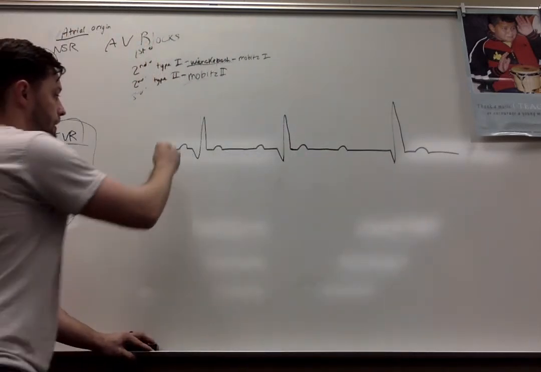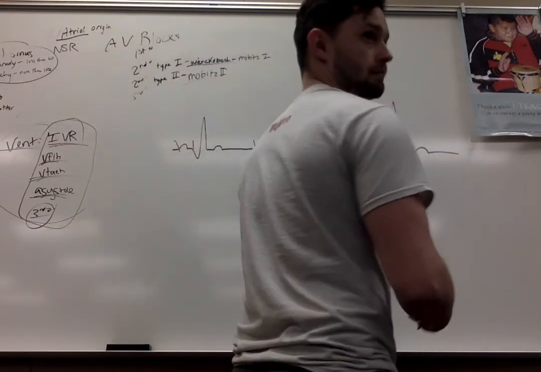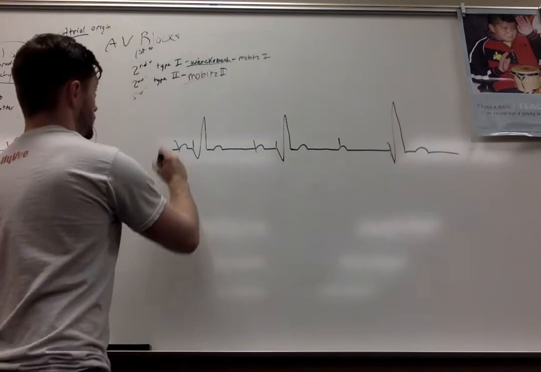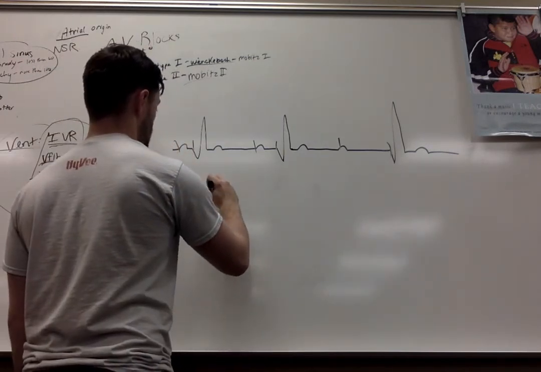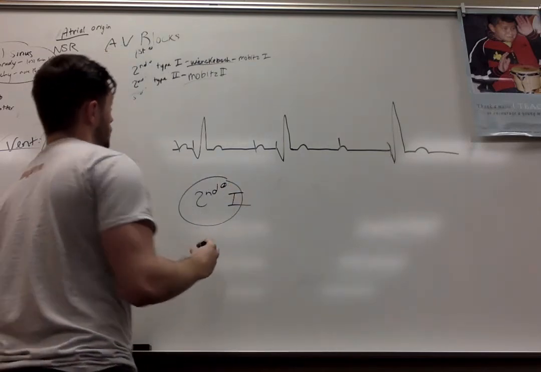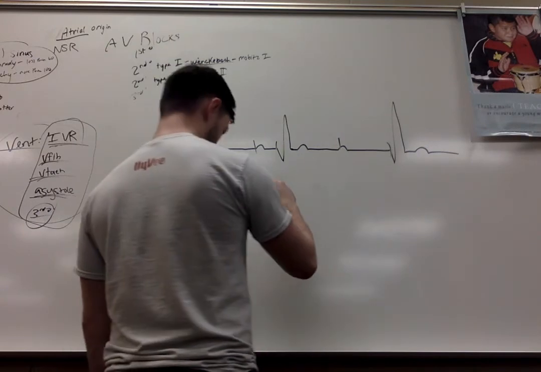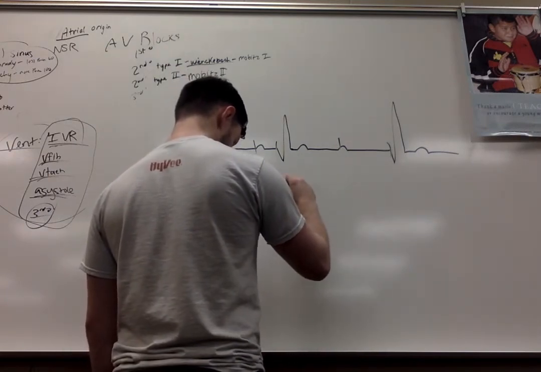PR interval's getting longer. Yep, PR interval is getting longer. Okay, so this is when you start thinking. This is your template. So for second degree type 1, Wenckebach, Mobitz 1, let's go back to our questions. P wave for every QRS.